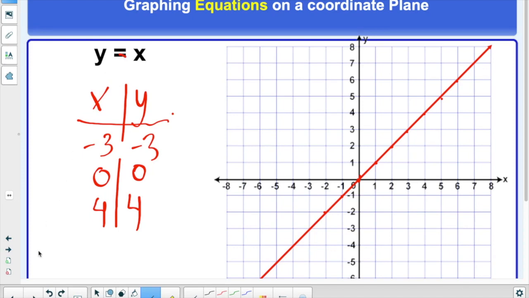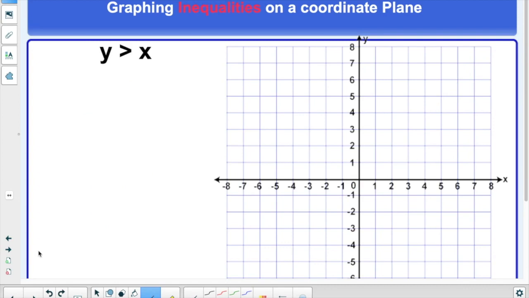For an inequality, let's just use another simple example. y is greater than x. If we were to come up with a table of values there, you could come up with an infinite amount of points, but let's say the x value was -3. Just anything larger than -3 would work because y has to be greater than the x value.